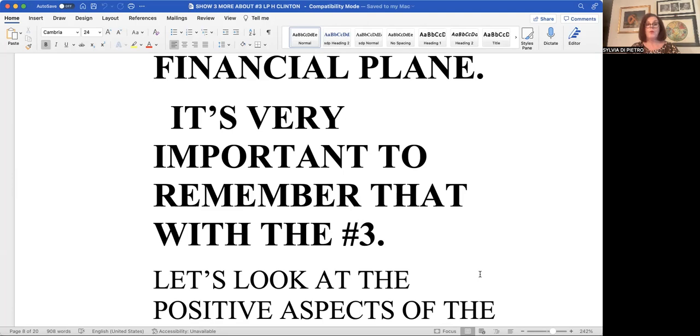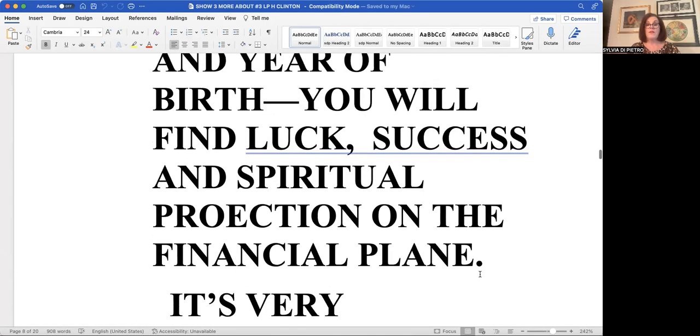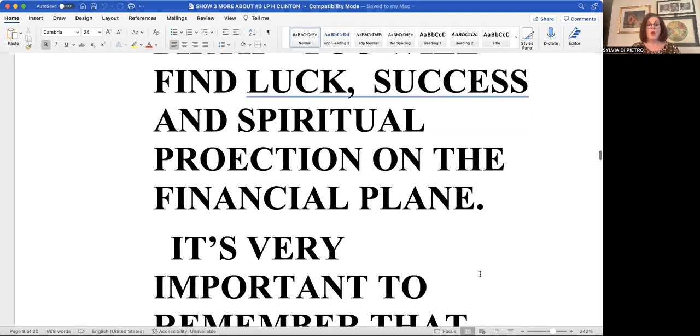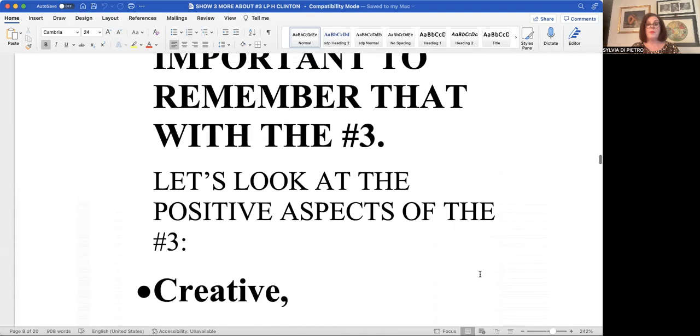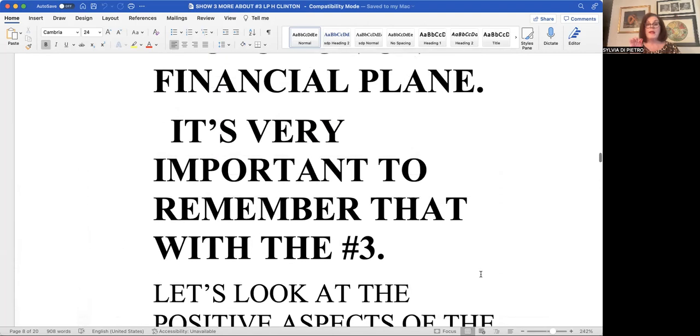So with the 3, it's important to remember that the 3 has a very, very lucky, successful pull, even on the spiritual level. So if you are a number 3, look out and get out there and start creating. There will be other aspects. You might have a 3 birthday, which is very lucky for you.